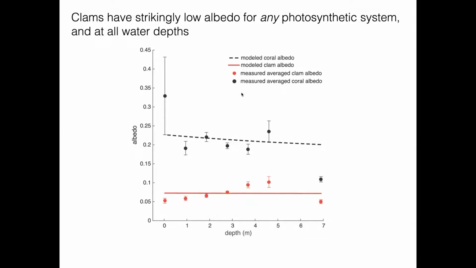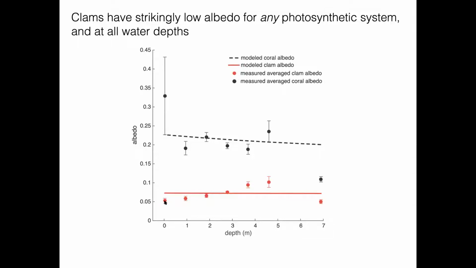And what we found is indeed, not only do clams have universally low albedo in nature, so that's the red dots here, albedo actually goes up with depth. So I told you that cells are universally really good at avoiding absorbing light when it gets too bright.